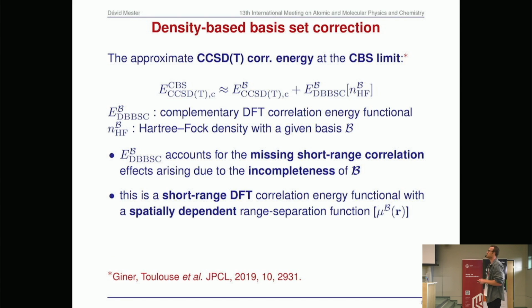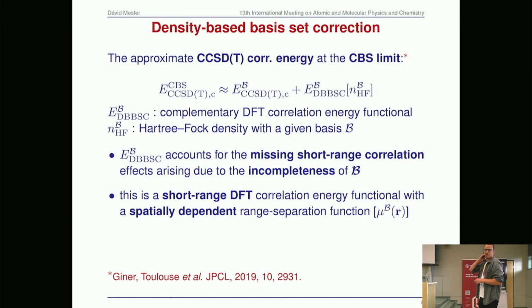basis set correction. In this case, the correlation energy at the CBS limit is approximated with this formula, where this term is the so-called complementary DFT correlation energy functional, and it depends on the Hartree-Fock density and of course the basis set applied.